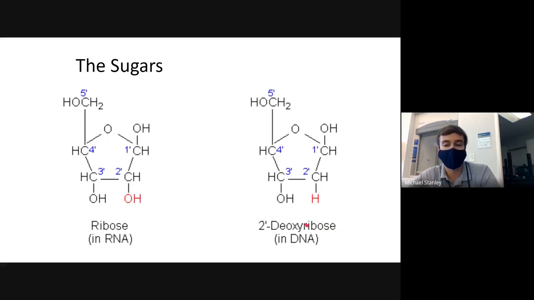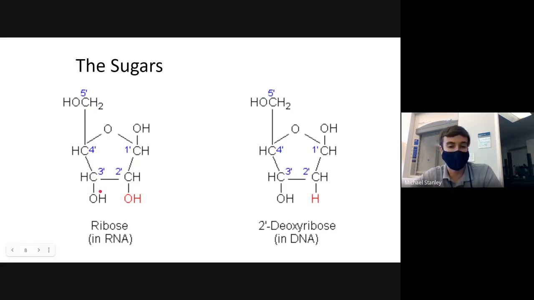The reason why it has such a funny name is because in that other type of nucleic acid that I mentioned earlier, the RNA, we have what's called a ribose sugar. So you'll see these guys look pretty much identical, right? We've got this ring of carbons, these C's right here, all around. And we've got this O on top. And we've got this OH, CH2 guy up at the top.